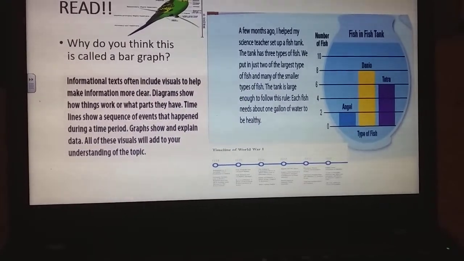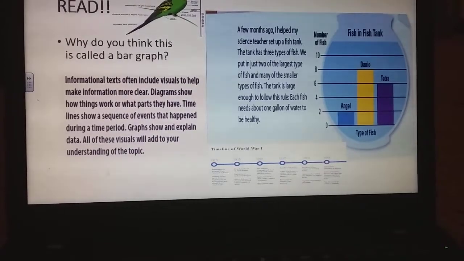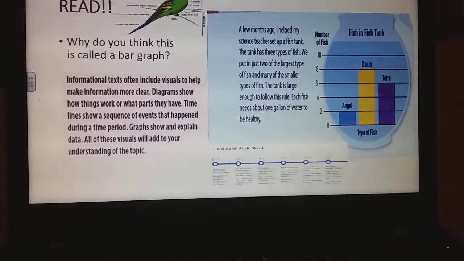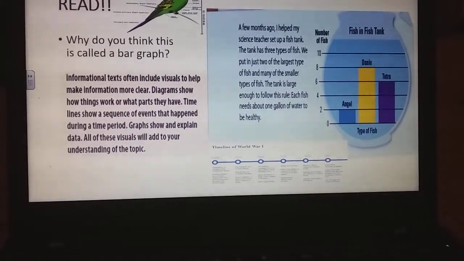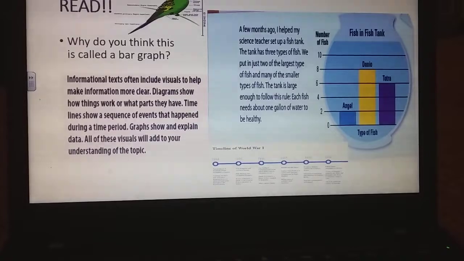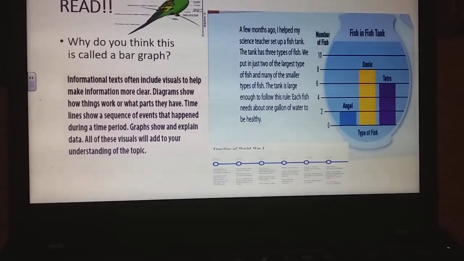You see a bar labeled Angel, one labeled Danio, and one labeled Tetra. Now, this is what we call an informational text. These types of texts often include visuals like this to help make information a little bit more clear for you.